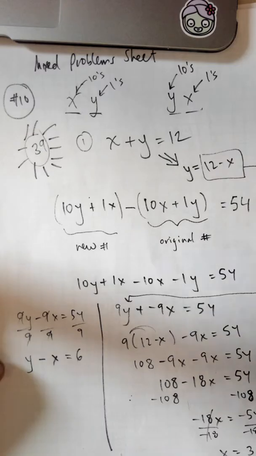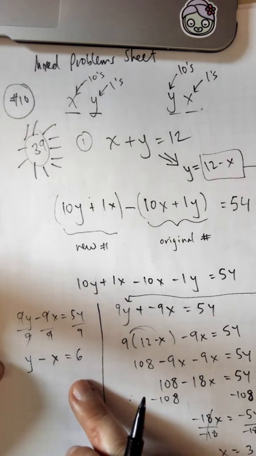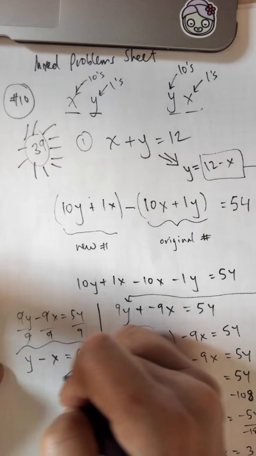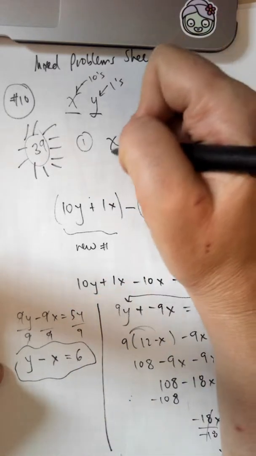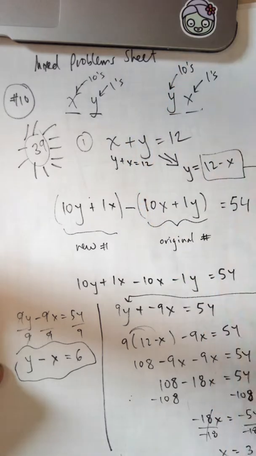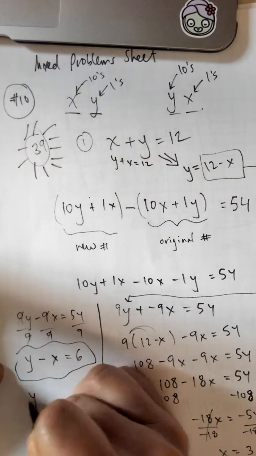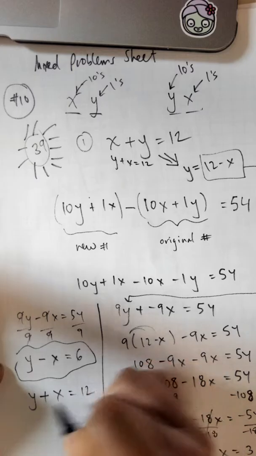So we end up with one equation, and the other equation was x plus y equals 12. Well, that's the same thing as y plus x equals 12. I hope you know that. So one equation is y minus x is 6, and one equation is y plus x equals 12.